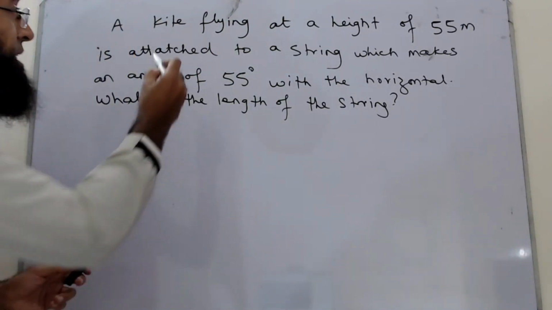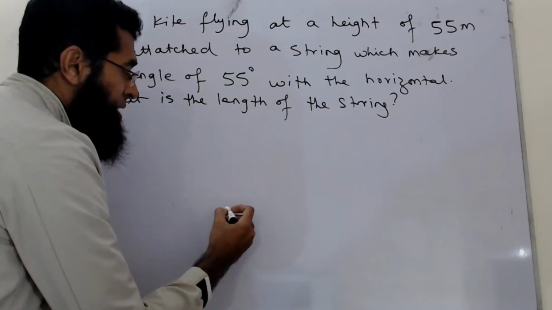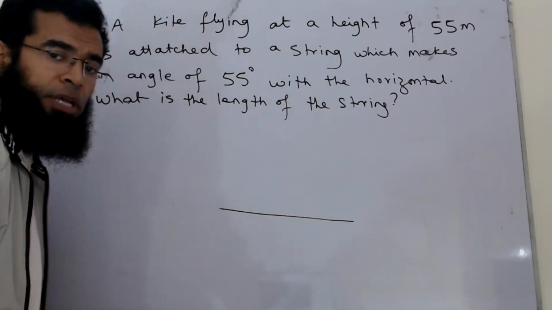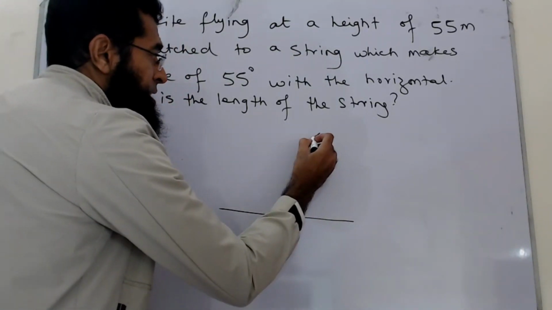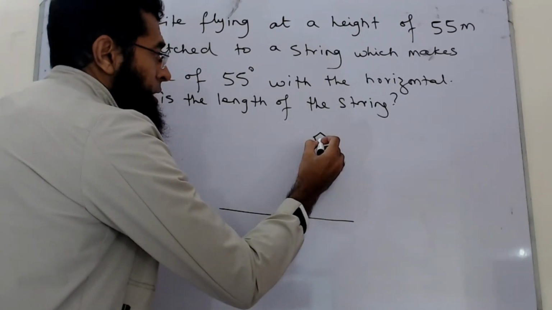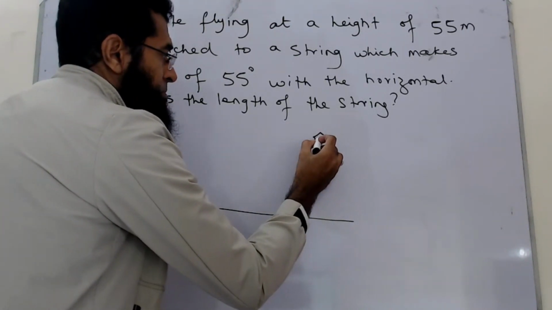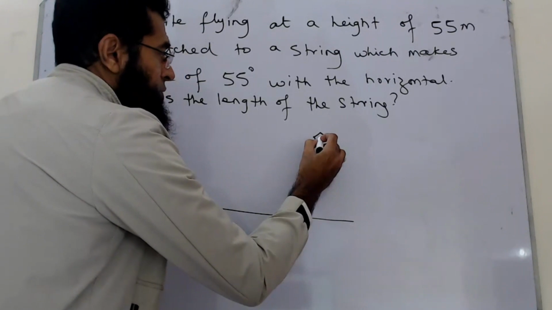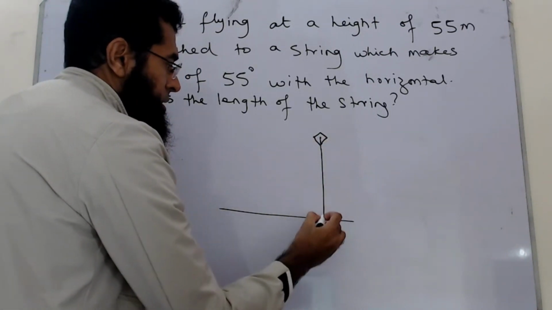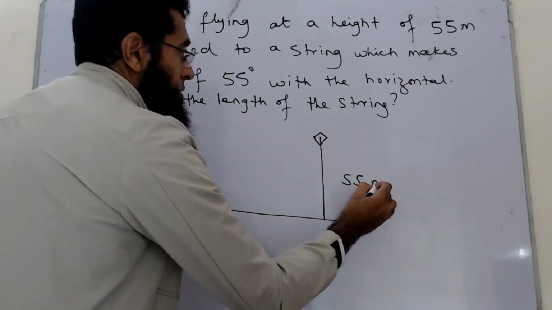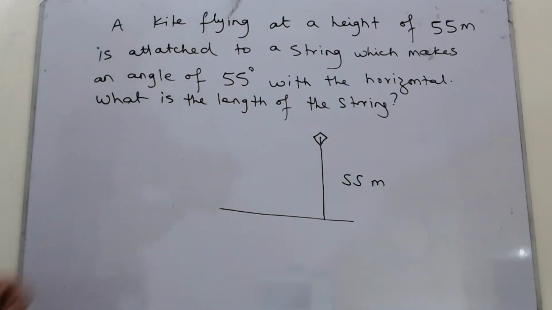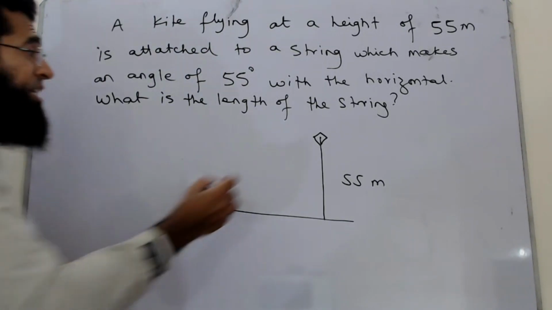Okay? So it says a kite flying at a height of 55 meters. Let's say this is the ground. And let's say there's a kite flying. And it says, the height of the kite is 55 meters, right? From the ground. So it is attached to a string which makes an angle of 55 degrees with the horizontal.